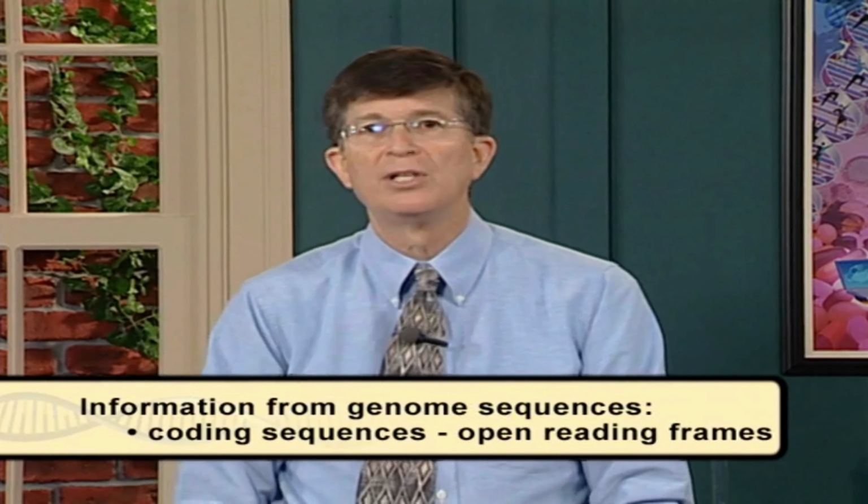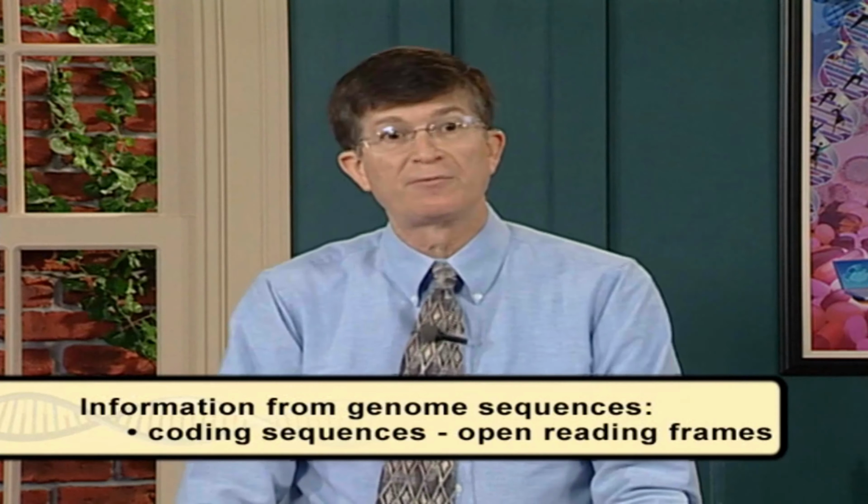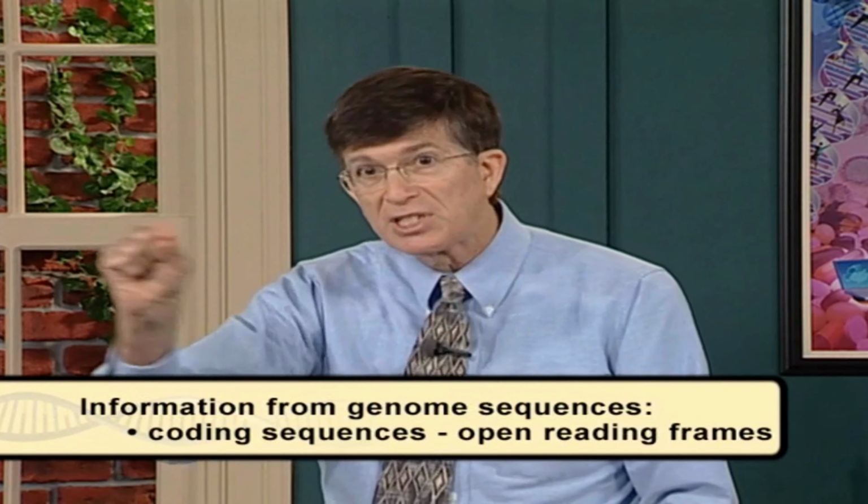What information can we get from genome sequencing, from getting all this A, T, G, C, C, C, C, etc.? There are several types of information we can get. The first type are called coding sequences, open reading frames. A computer can scan along a gene sequence, along this long chromosome sequence, and says, oh, look, that's a promoter.